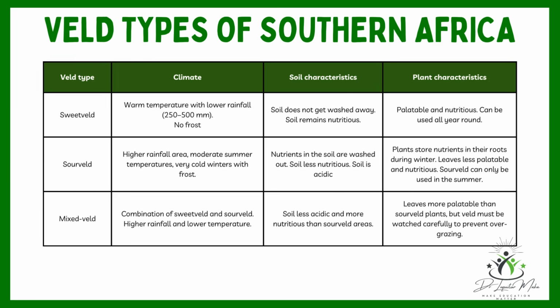Now what does this mean if the soil is less nutritious? It means that the plants will store the nutrients in the roots during winter. This leaves the leaves less palatable and less nutritious. Then sour veld can only be used in summer when there are higher temperatures. Then we've got a mixed veld.